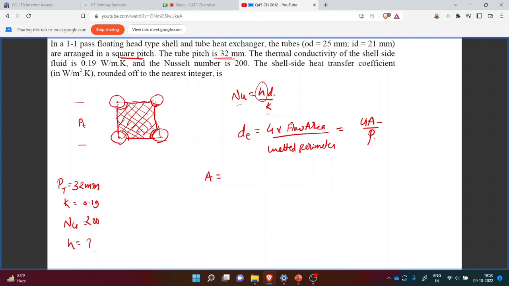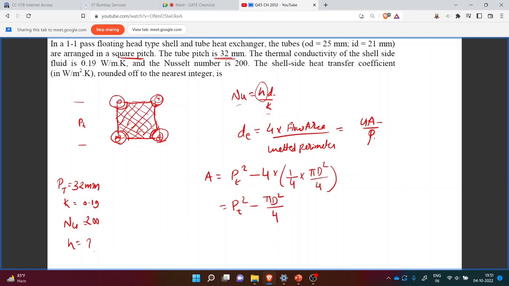We can calculate the area of the square, PT square, and subtract the individual areas, that is 1, 2, 3 and 4. So PT square minus 4 times the area of this individual section of the circle, so it will become 1 by 4 into pi. The area of the circle is pi d square by 4. So the area will become PT square minus pi d square upon 4.